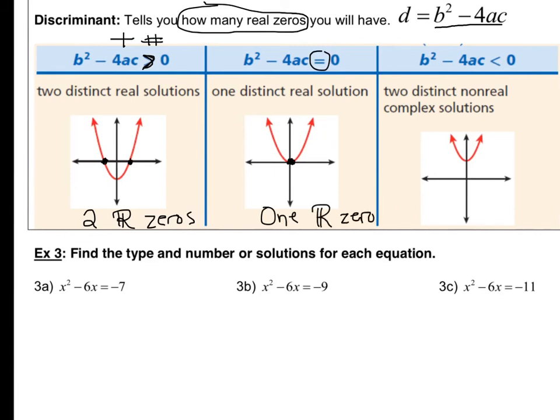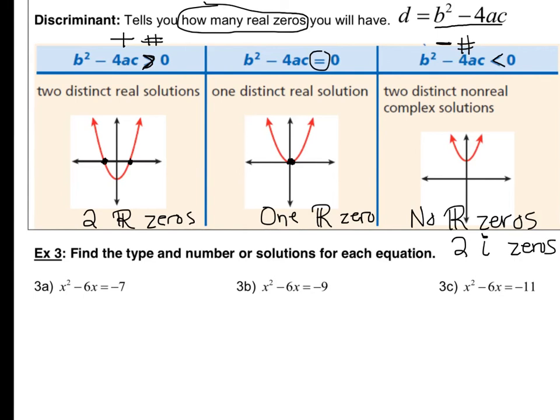And that's how you can abbreviate it. And if you get something that's less than 0, so if you get a negative number for the discriminant, that means you have no real zeros. And we know if they're not real, it means that you have 2 imaginary zeros. So it's the kind of parabola that floats.